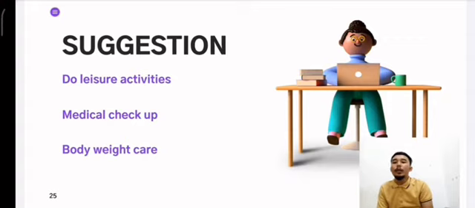Second, medical checkup. Regular checkups can help find potential health issues before they become a problem. When you see your doctor regularly, they are able to detect health conditions or diseases early. Third, body weight care.